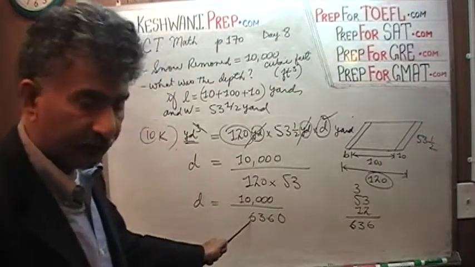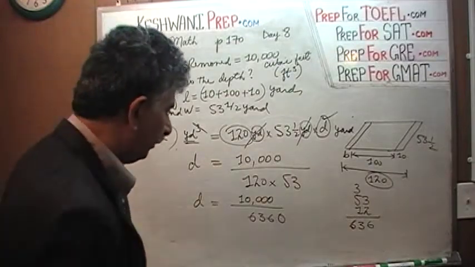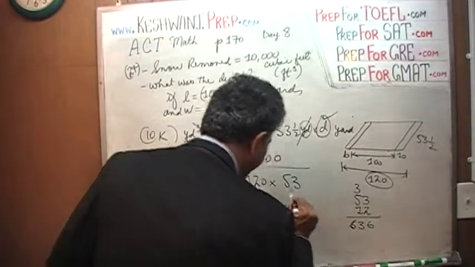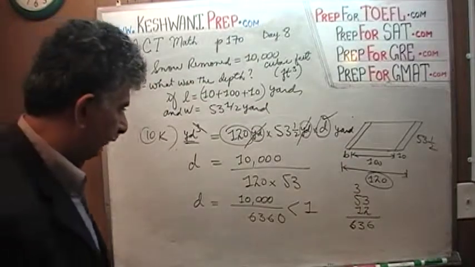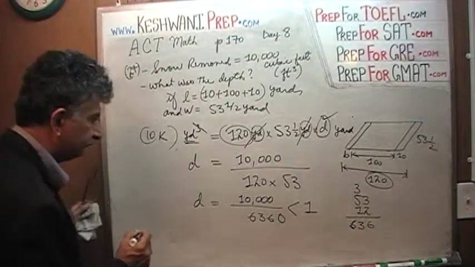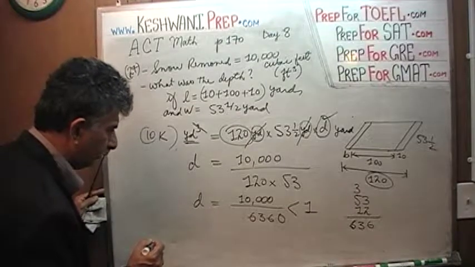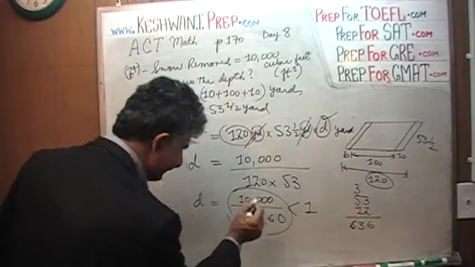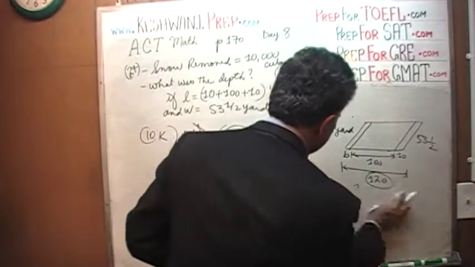10,000 divided by 6,000, bottom is less than the top, so this quantity is more than 1. Let's put it here, I need the room.